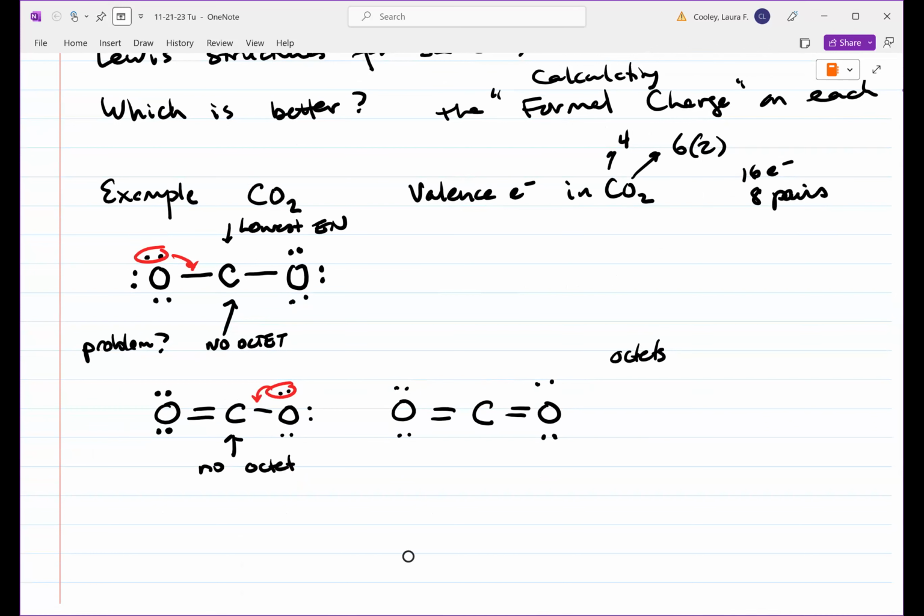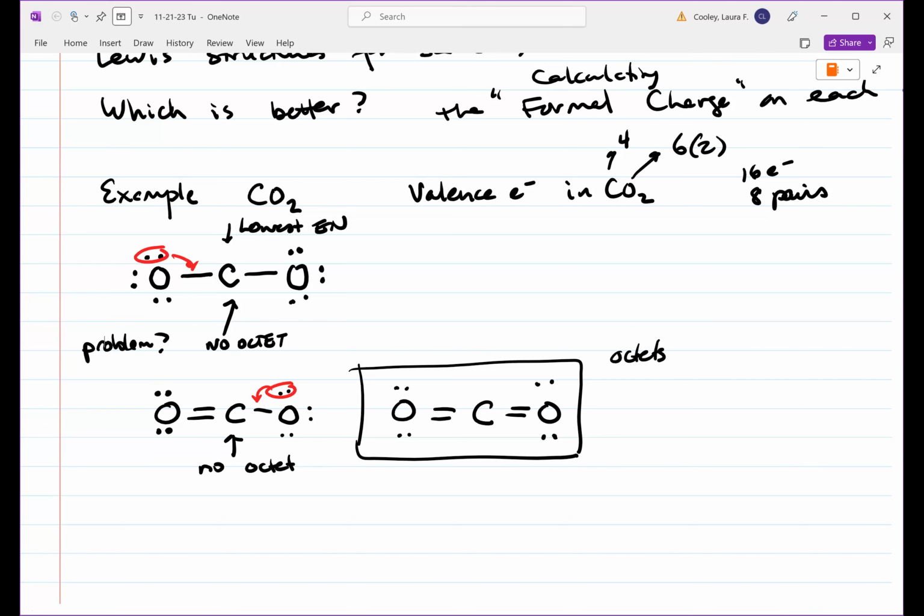But let's take another look at it, okay? I'm going to put a box around it because that's one way of doing this. But look what I did here. Notice with that little red circle on top, I made a double bond over here, and then I took a lone pair from the second oxygen and made a double bond. What if instead I took another lone pair from this oxygen, the left-hand oxygen?